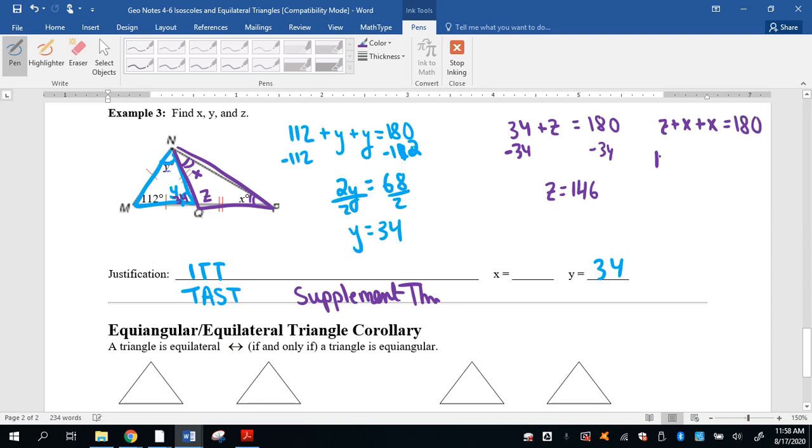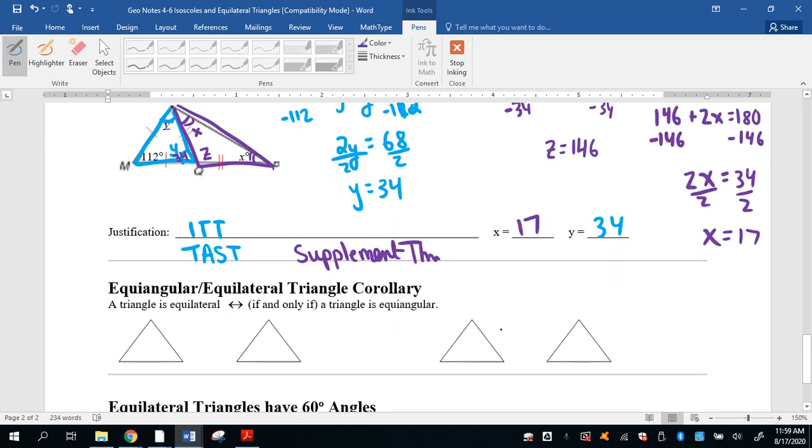So 146 plus 2x is 180. Subtract 146 from both sides. So we get 2x equals, what is that, 34? Divide both sides by 2, and x is 17. It's a lovely problem using our geometry rules as well as a lot of algebra.